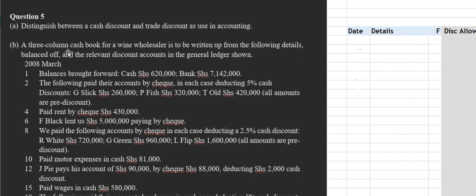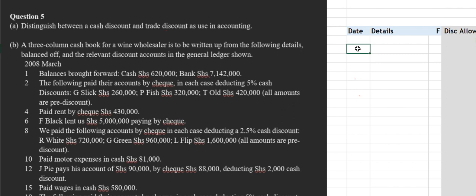When you look at the question, the first transaction we have on first, those are the balances brought forward for cash, that is 620,000, and then bank 7,142,000. So I'll record this first. These are opening balances for cash and bank.